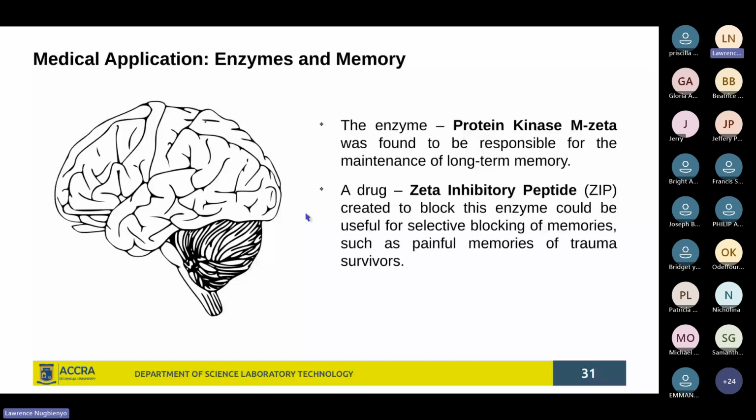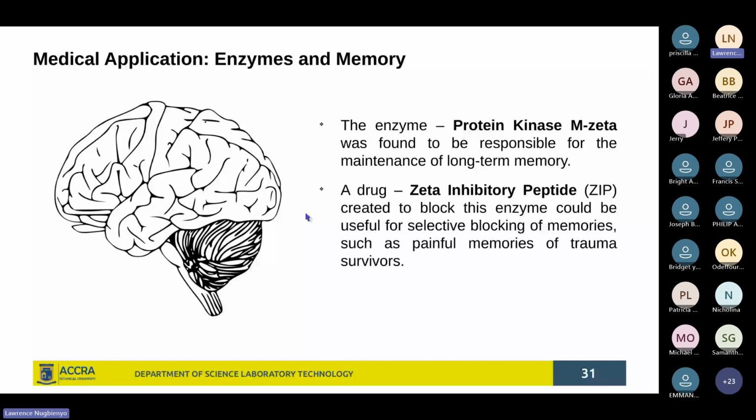And this time around, it is on the activity of an enzyme, protein kinase M zeta, which was found to be participating in a reaction that is relevant for long-term memory. So you have such a protein involved in some reactions in the brain, responsible for the maintenance of long-term memory, things that you can keep in your mind for a very long time, for years.